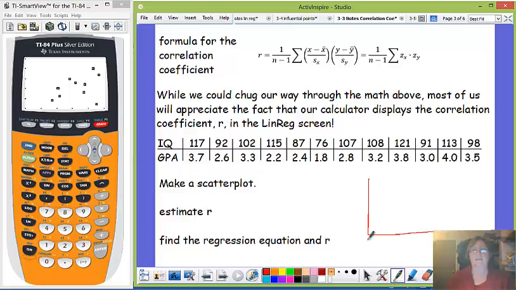Again, the window that I had went from 70 to 120 in IQ, and from 2.0 to 4.5. Now I'm not going to try and plot all of these, but I am going to just try and show the general pattern.